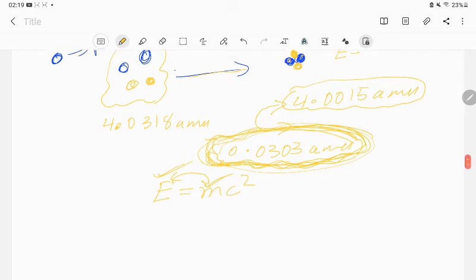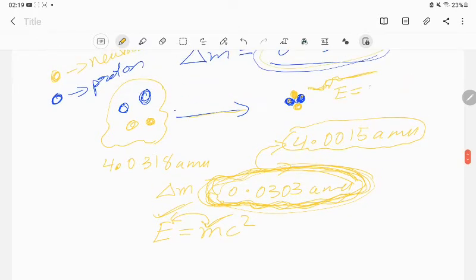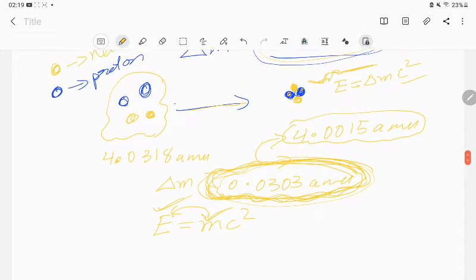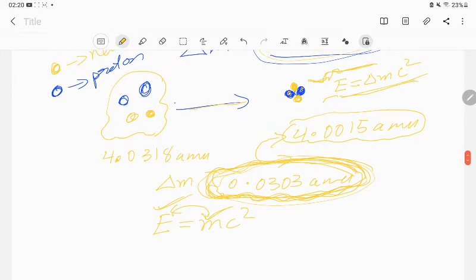So the energy will be mass defect into c square, where c is the velocity of light. And this energy is called binding energy, because it binds the neutron and proton inside the nucleus.